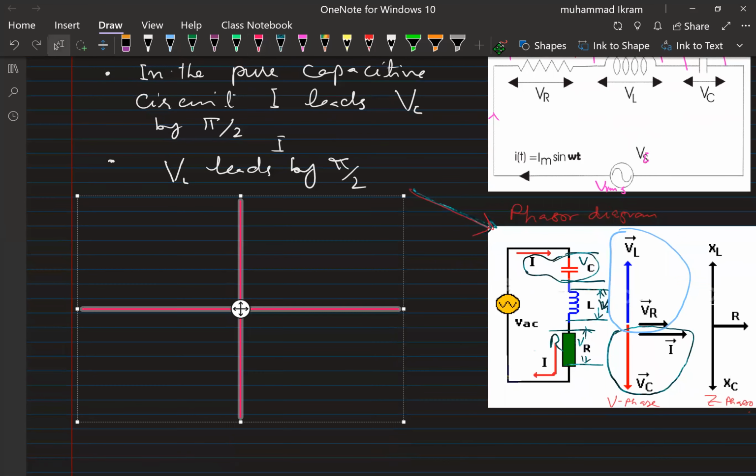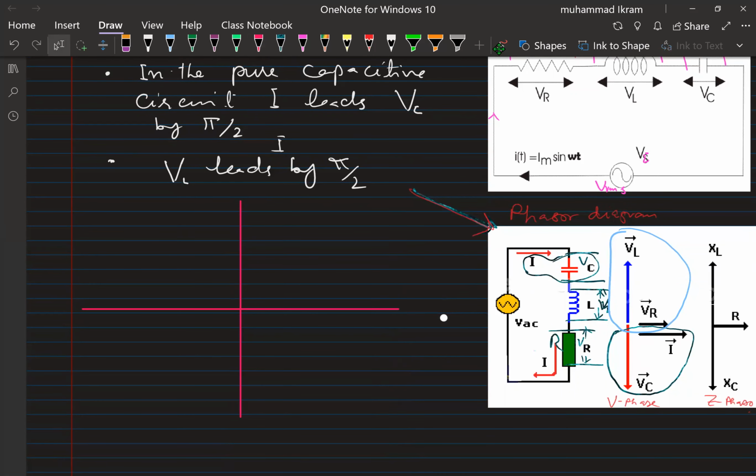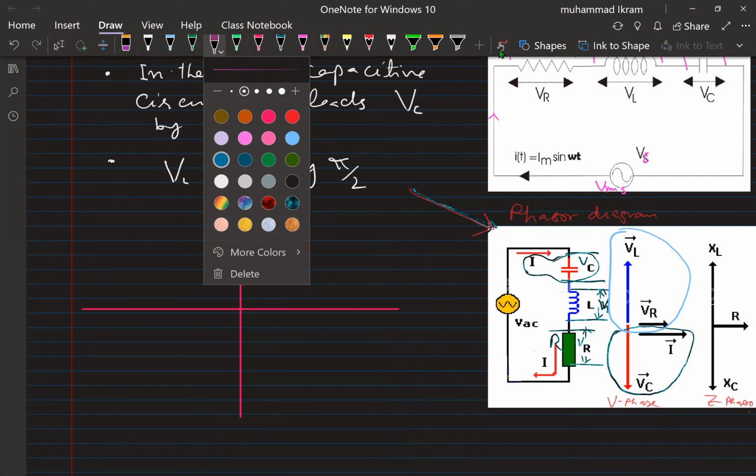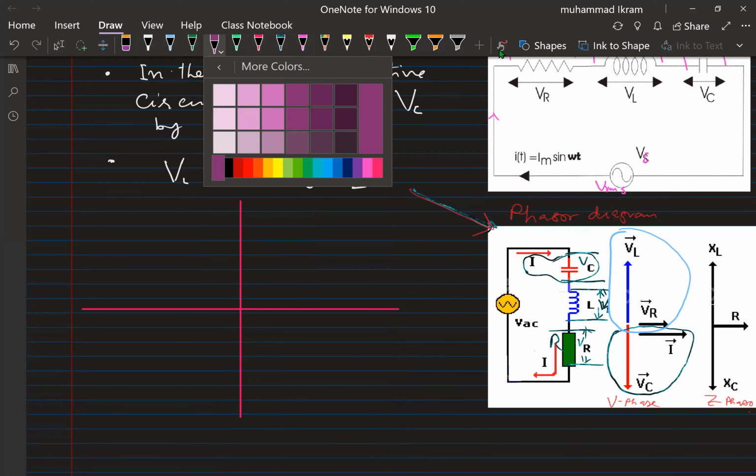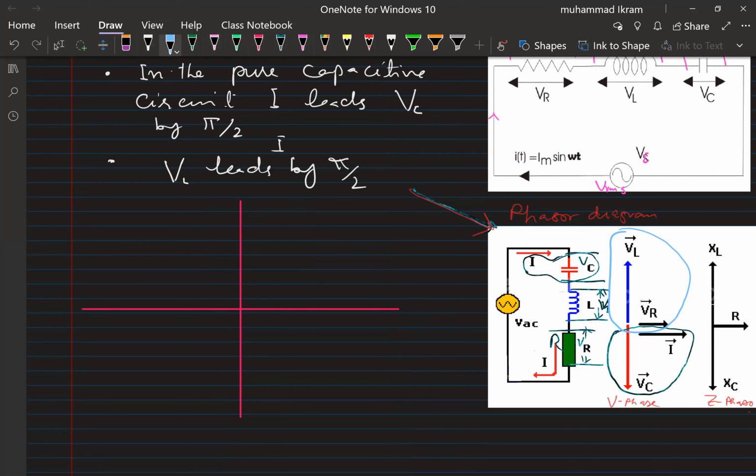See here, look, if you see in this diagram, if we have this as the V phasor, the VL, and here we have the VC phasor, which I will denote by this.